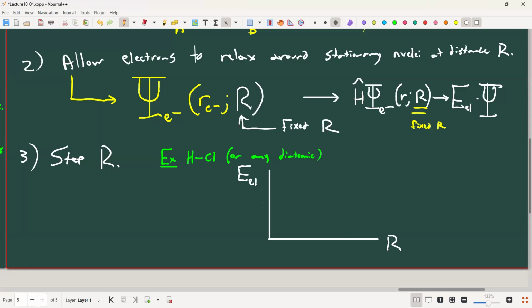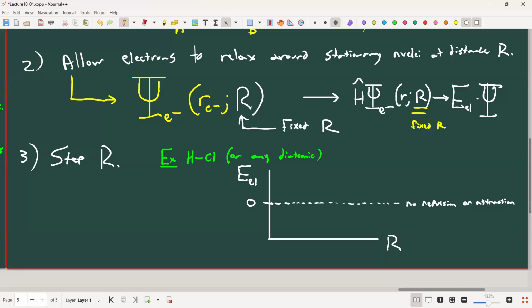I'm going to set 0 to be in the middle here, which we define as the electrons being neither repelled nor attracted to each other, net zero attraction in the system. At long distance, we know exactly what that looks like. If you put the two atoms really far apart, there's no bond.